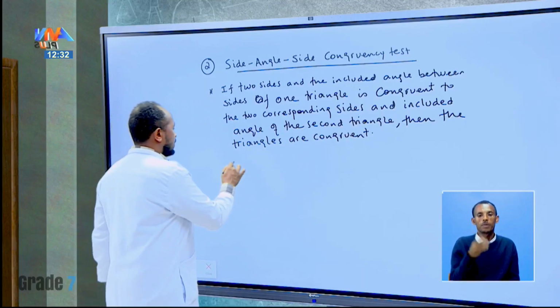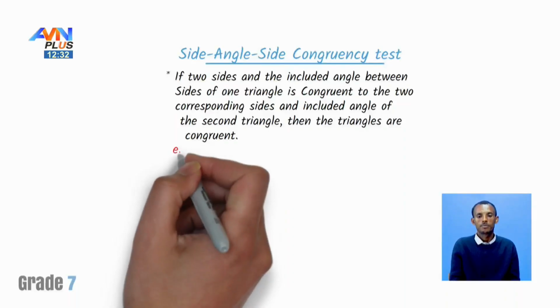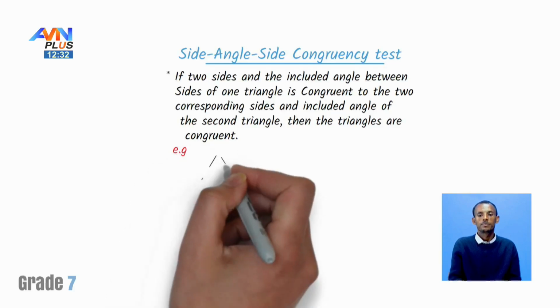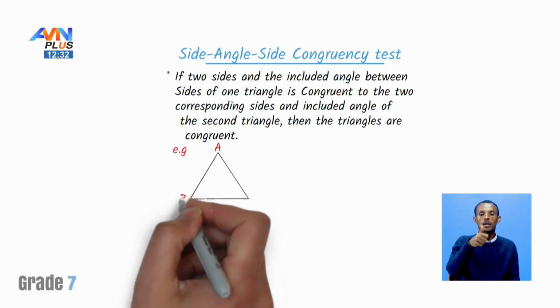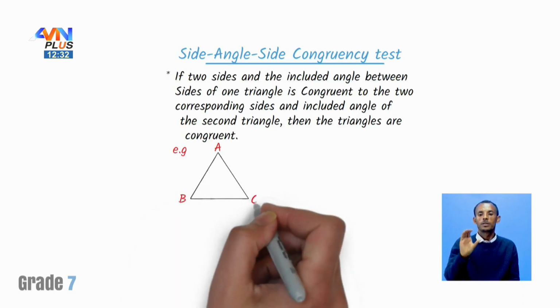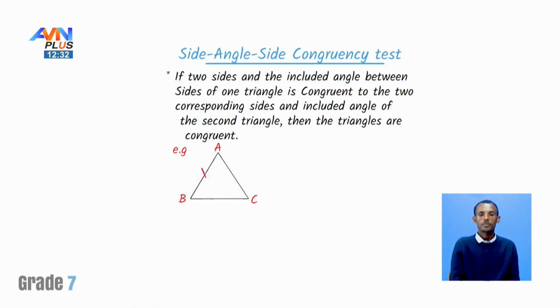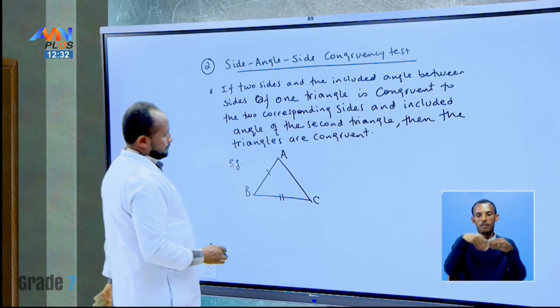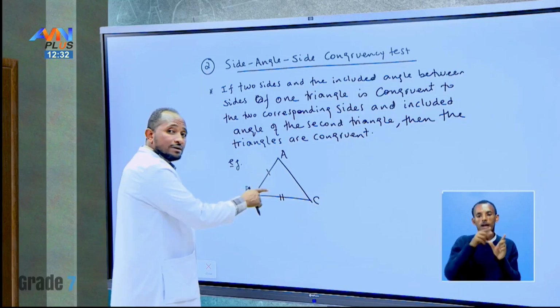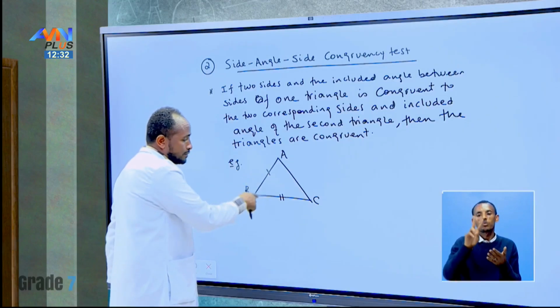If you have this triangle ABC, the two sides, this side and this side are given, and the included angle between these two sides is this one.